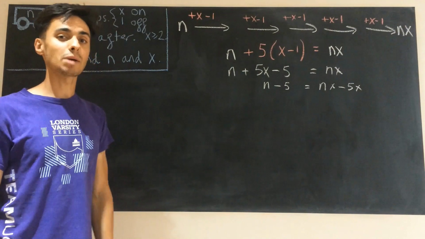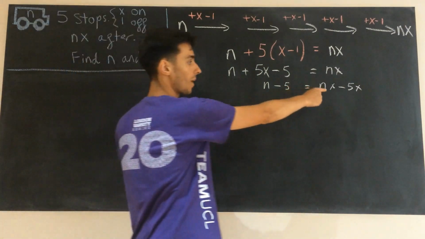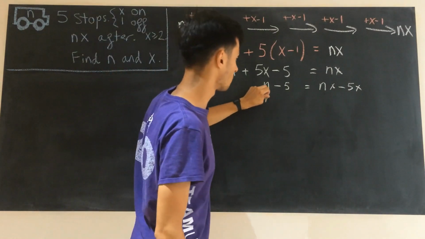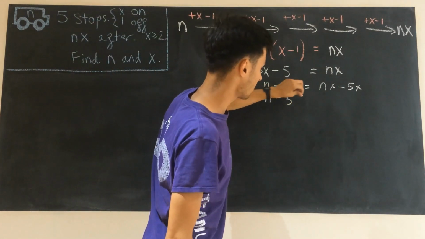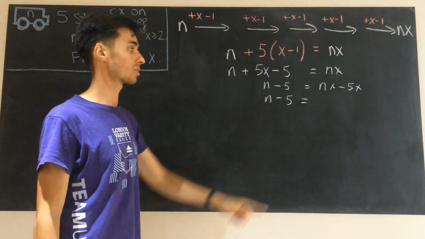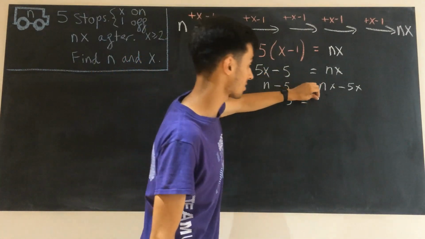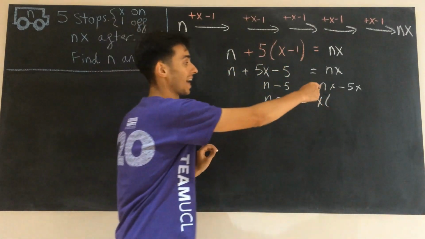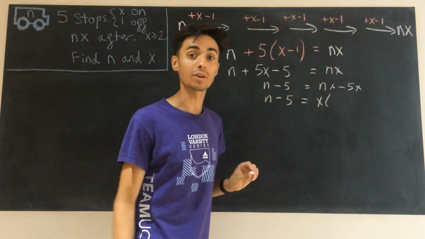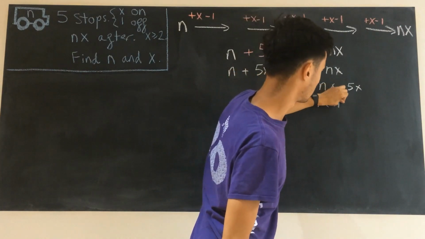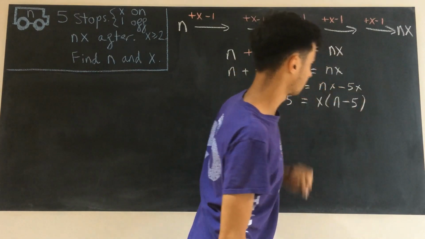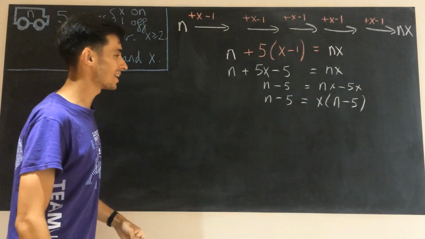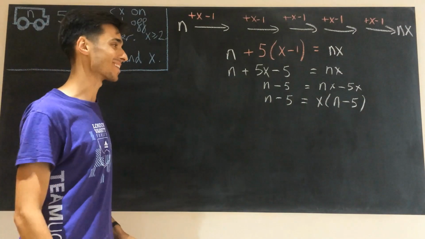Well, now we should be thinking about factorising. We've got all our x's on the same side, but we can take out a factor of x therefore. So we've got n take away 5 equals taking out our factor of x. Will leave us with our brackets, and there'll be n minus 5 in those brackets. Okay. Well, this is a nice place to think, oh, we're almost there, isn't it?